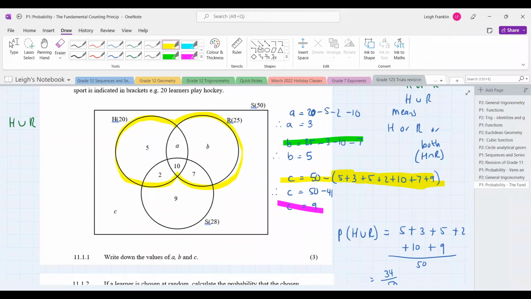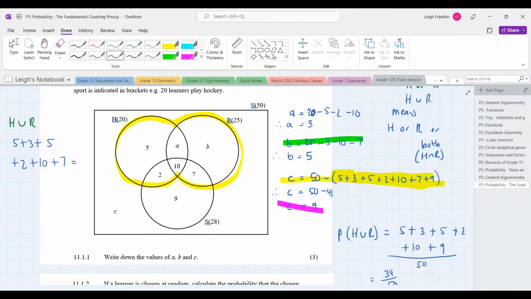What's inside the yellow, that's what it means. So you would need to add all of those together: the 5 plus the 3 that was the A, plus the 5 that was the B, plus the 2, plus the 10, plus the 7. That would be the number of people that like to play hockey or rugby.